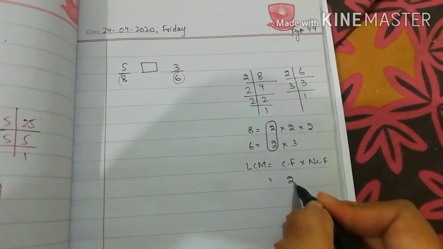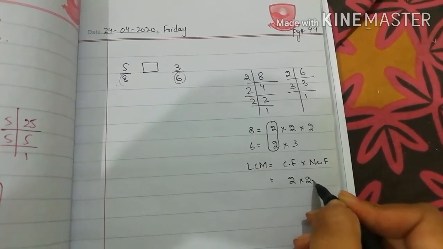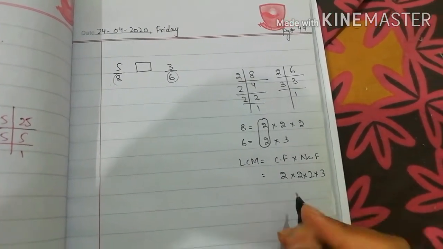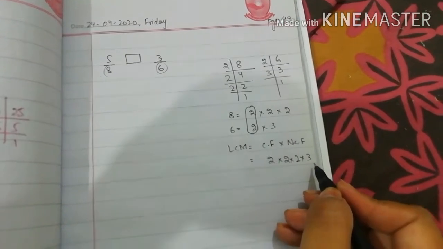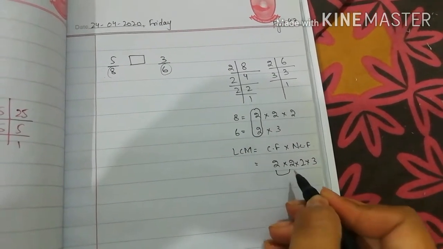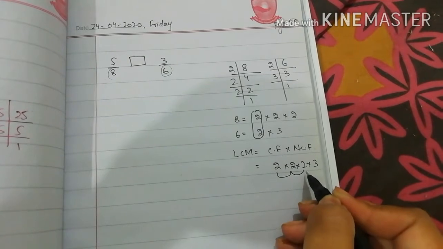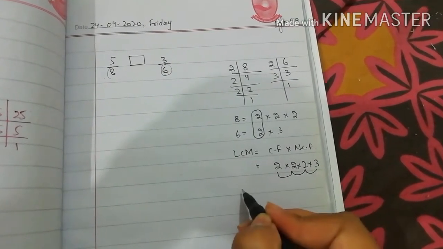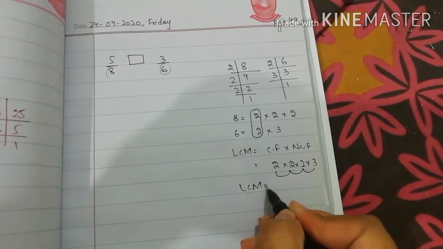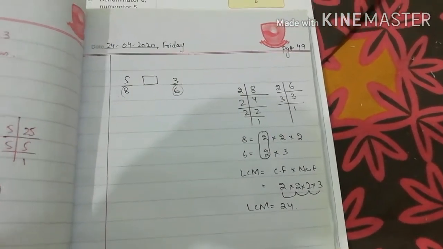Common factor is 2 and non-common factors are 2 into 2 into 3. Now we will multiply these numbers. 2 2s are 4, 4 2s are 8, 8 3s are 24. So the LCM is 24.